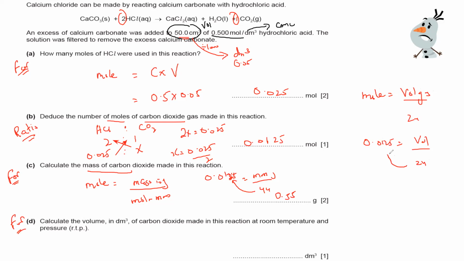This 24 will be multiplied. So we'll get the volume of carbon dioxide, which is 0.3 decimeter cube. So this is 0.3 dm cube as the answer. This is how we solve this question. The reason we did not use a ratio for the last part is because we already have the moles, so we just use the formula to get the volume of gas.